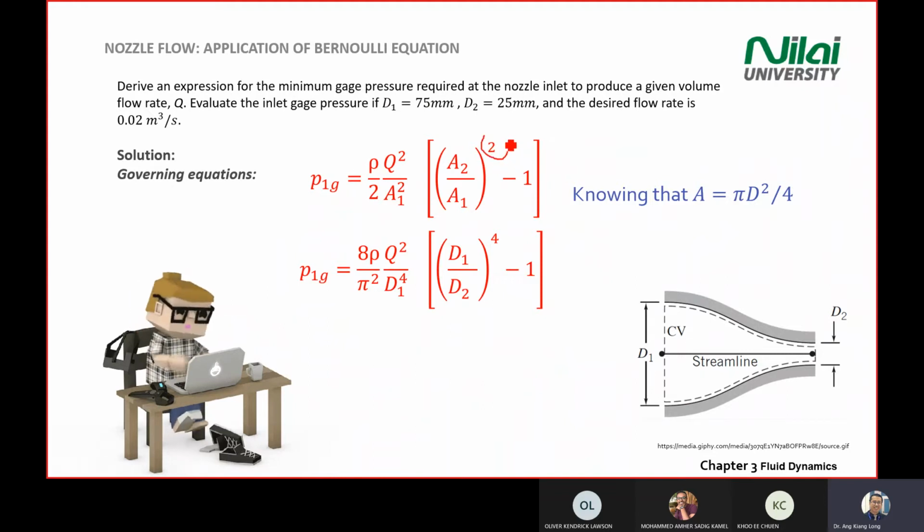Your exponent here, remember to change it when you rearrange the equation or substitute another term, because your area equals pi d squared. There's a square there, so when you have a pi d squared inside the bracket here and you square it, remember to expand it in your answer.